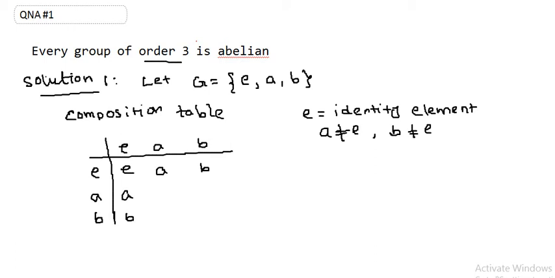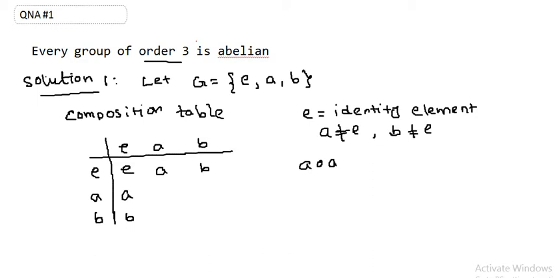Now you can see that here we have an A, here also we have A. What will be the possible value of A composed with A?